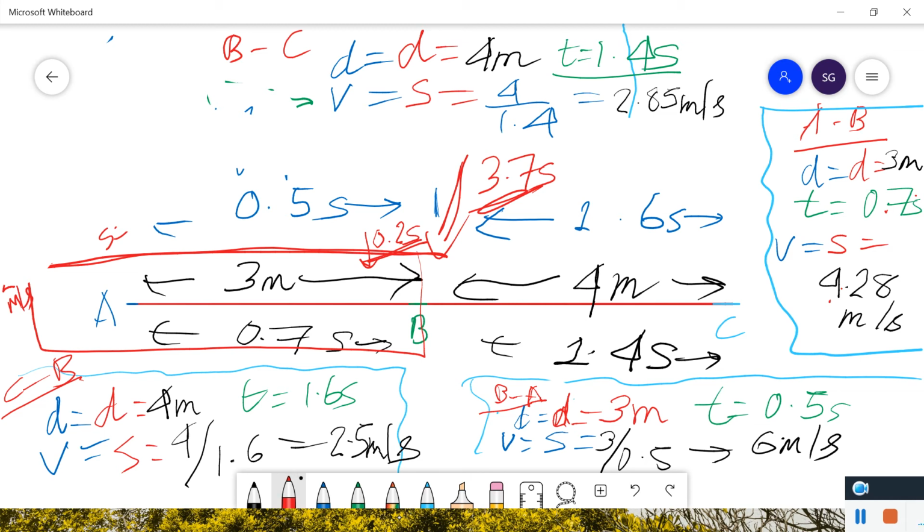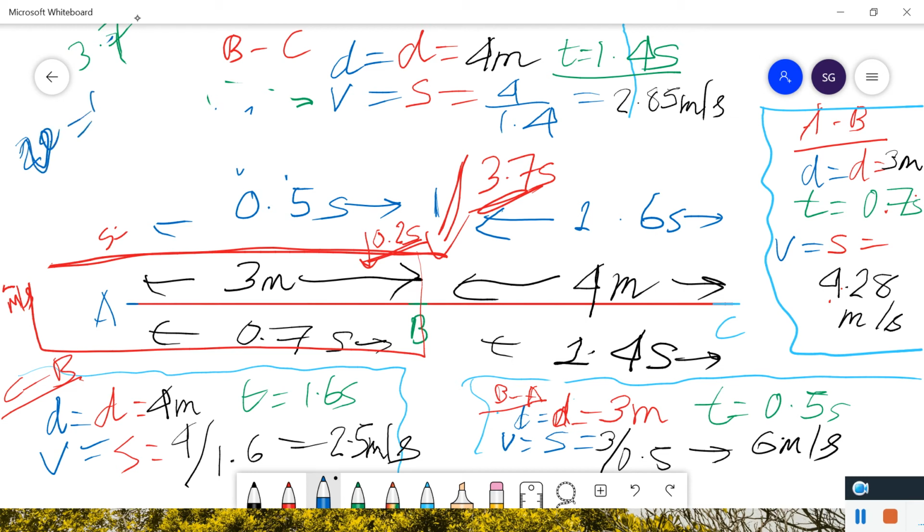So after 3.7 seconds, the speed was 2. Was it? Wait. First of all, I will write the velocity.